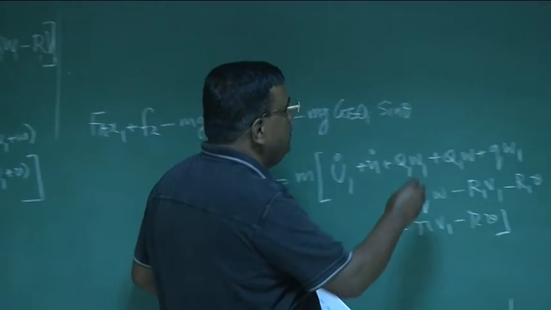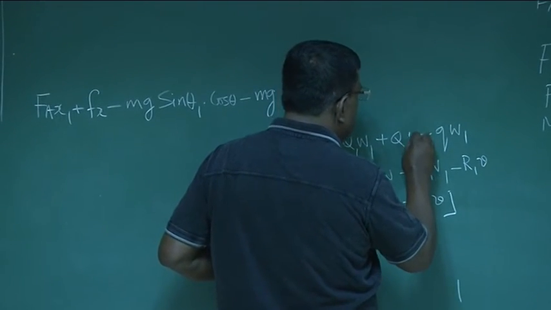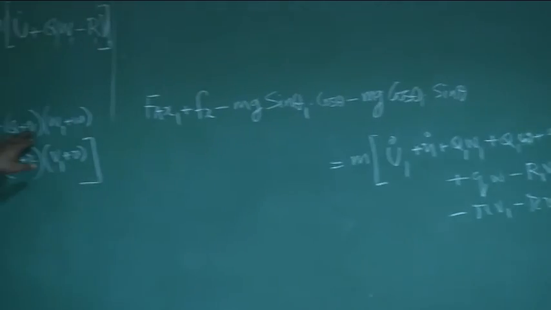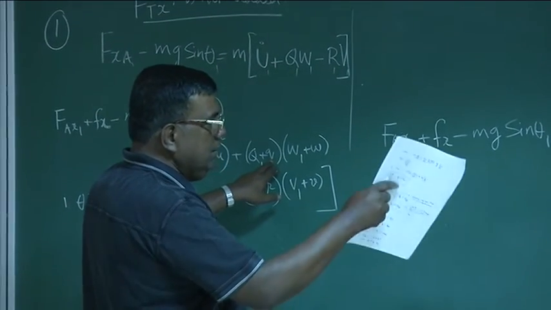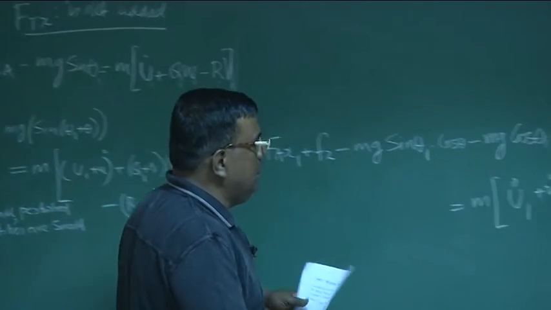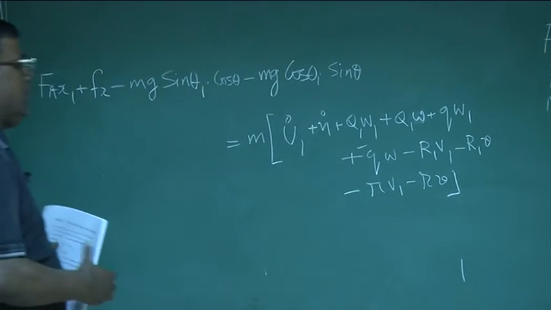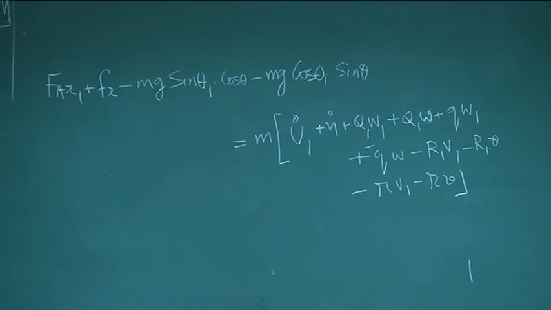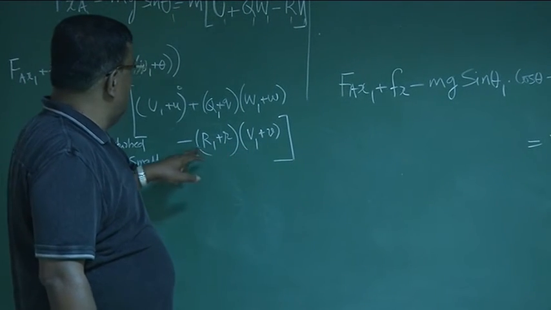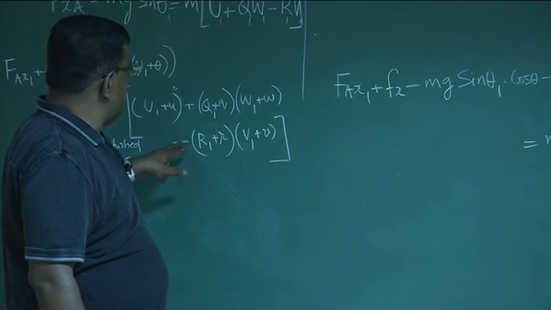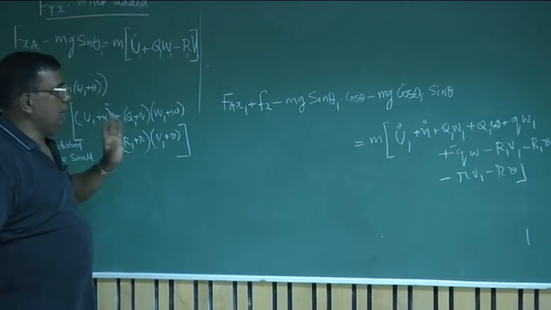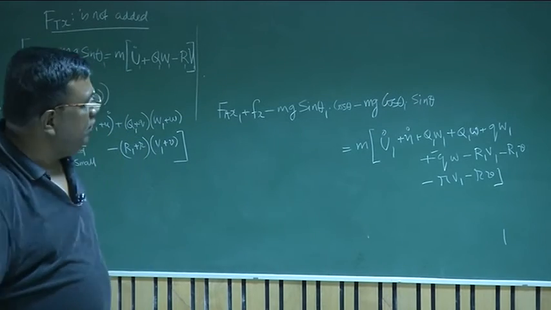Then small q w1, yes, that term is there, and then small q w, it is there, fantastic, we are so far correct. Then minus r1 v1, yes, r1 small v, very correct, and then minus r v1, yes, minus r v. Oh, very good. We could do this wonderful expansion.